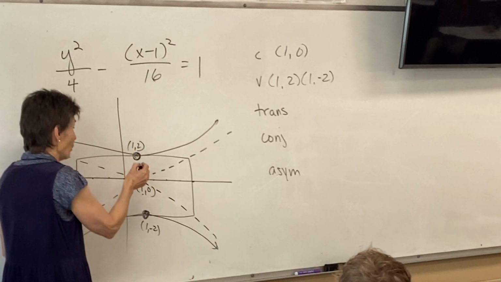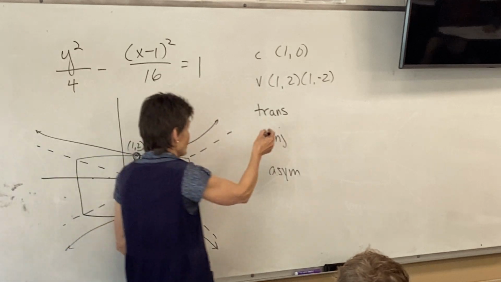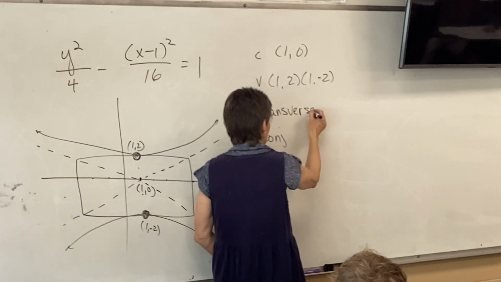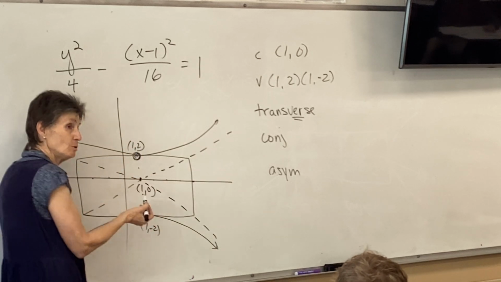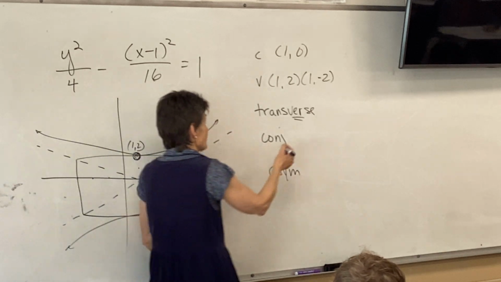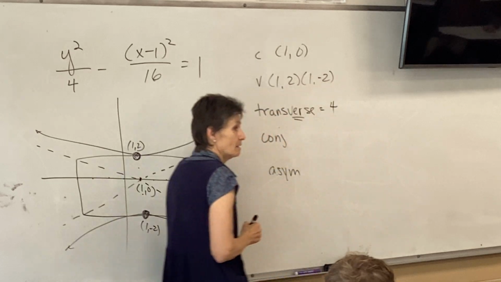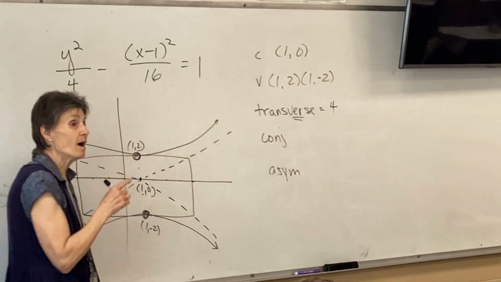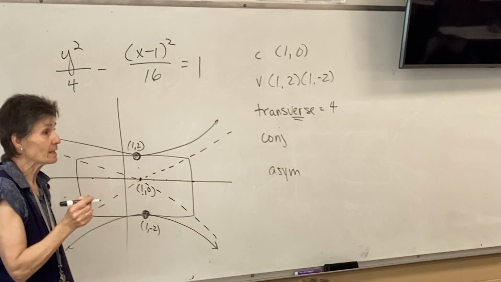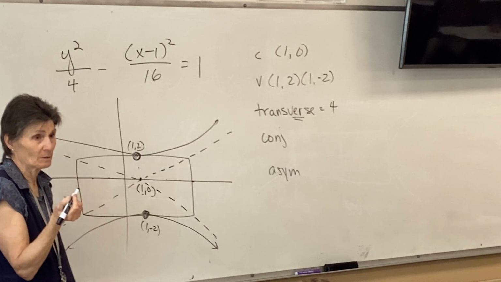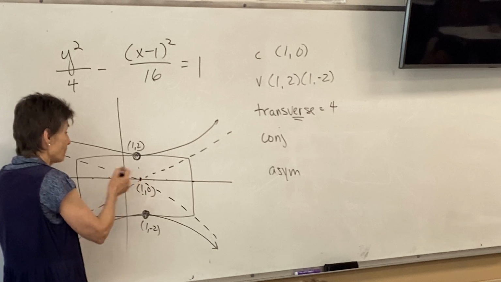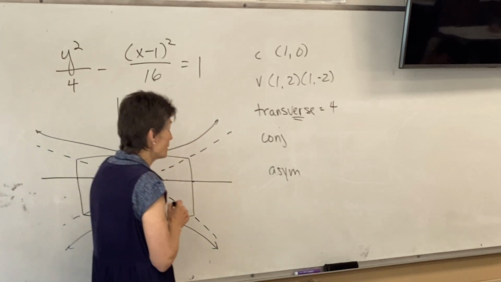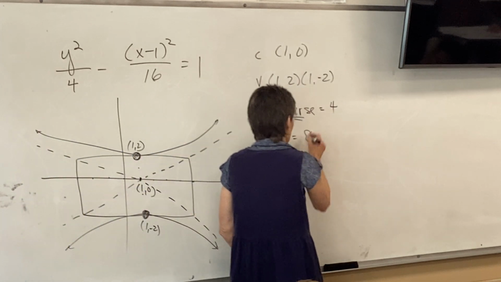Transverse joins the vertices. This word is transverse. I counted up and down 2, so therefore my transverse axis is 4. The other axis, that frankly all you used it for was to build the box, is called the conjugate axis. You went back in for 4, so it is 8.